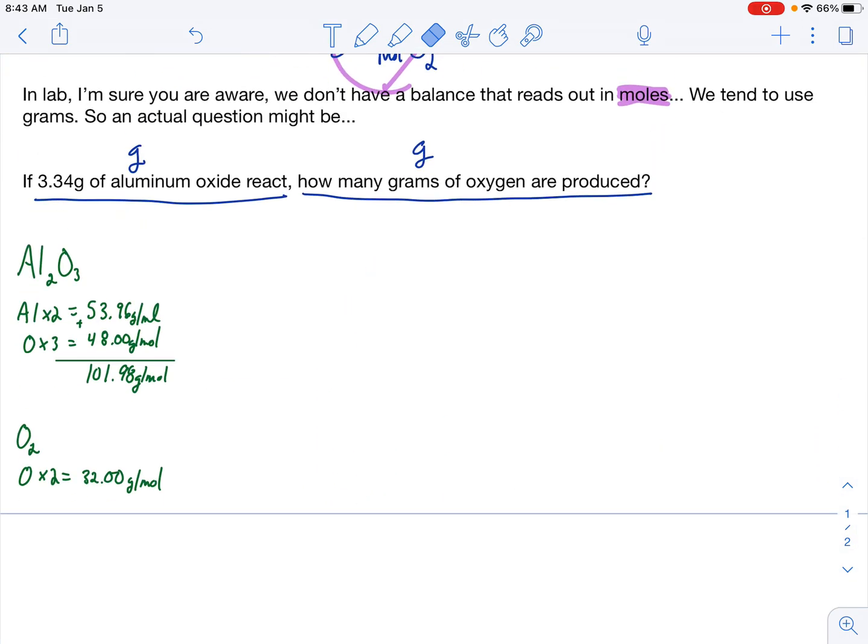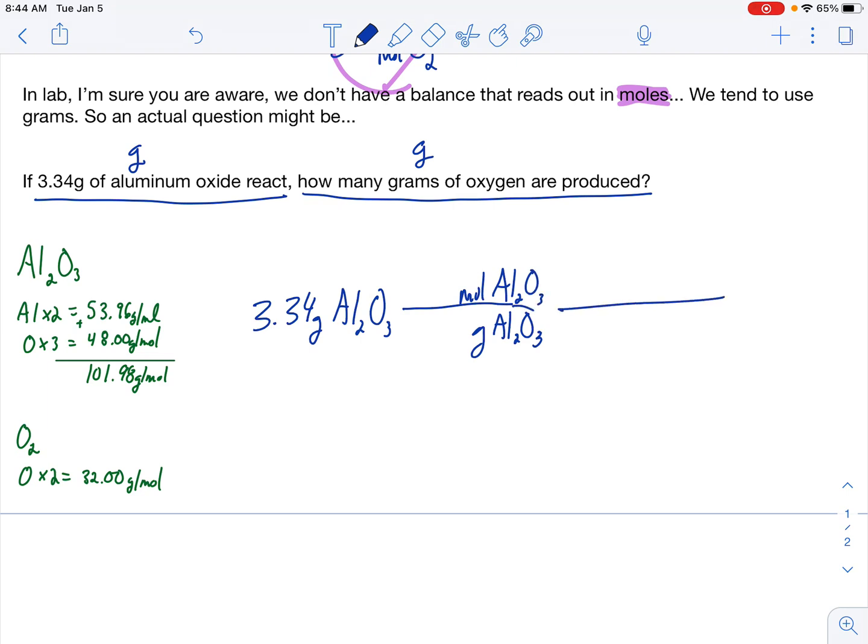So it looks like we're starting with grams, we're ending with grams. That means I'm going to have to do another couple conversions here. The very first thing I'm going to have to do is take my 3.34 grams of aluminum oxide and convert it from grams of aluminum oxide to moles of aluminum oxide.